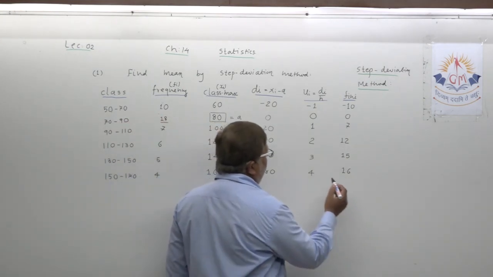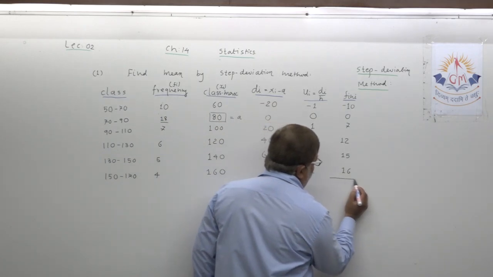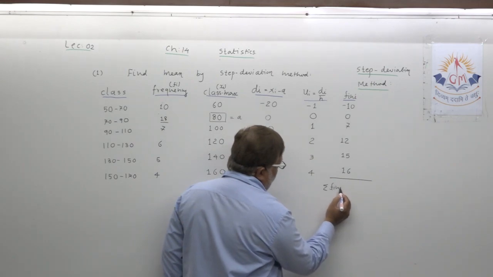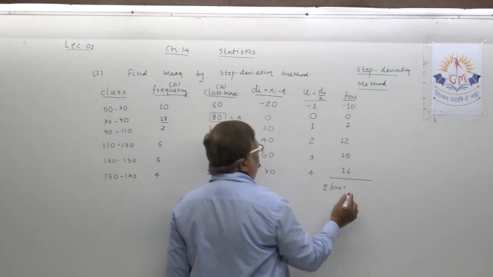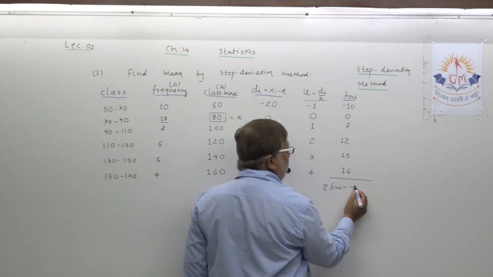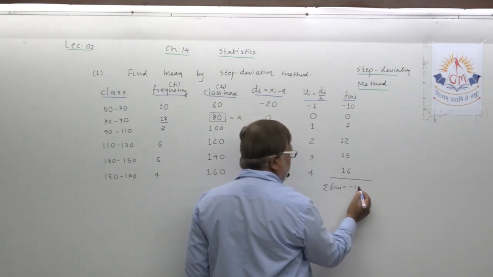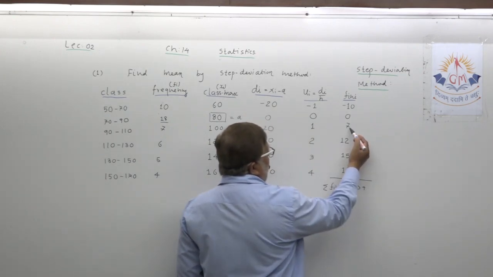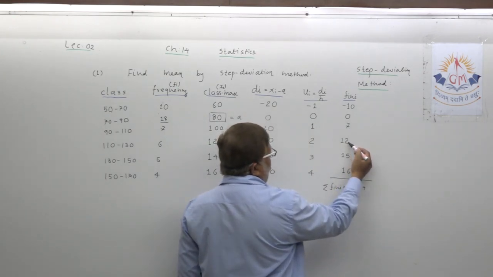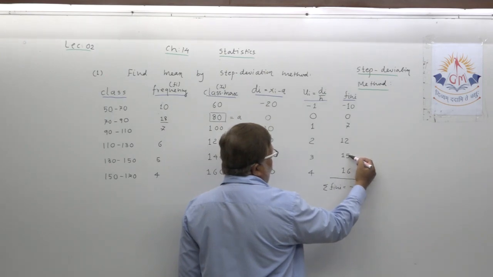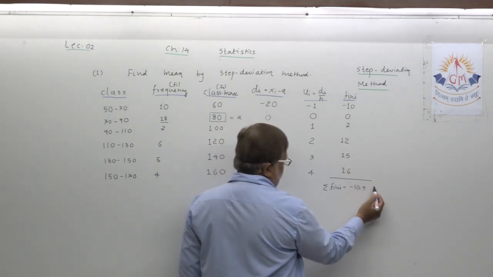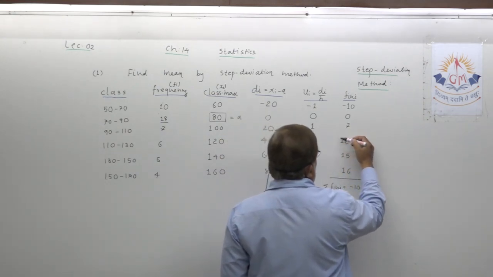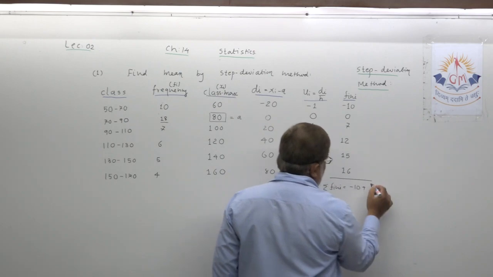Now, as you all know, sigma fi ui: only one negative value, minus 10, and all the rest positive. 7 plus 12 is 19, 19 plus 15 is 34, 34 plus 16 is 50.